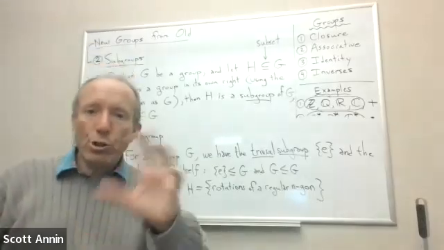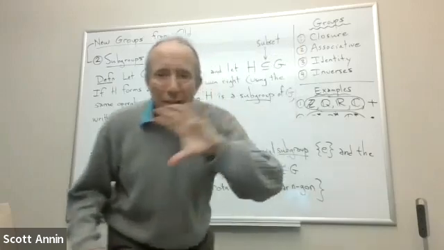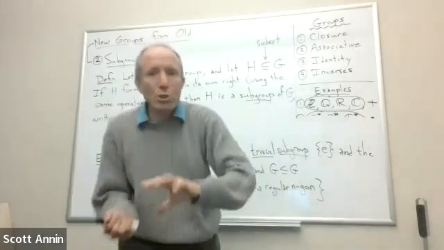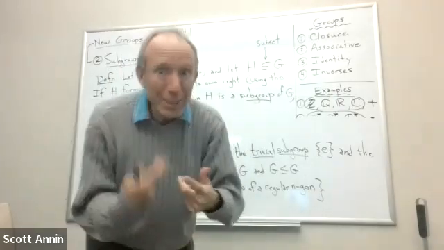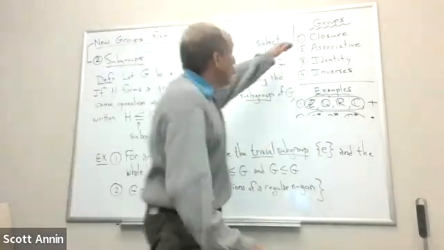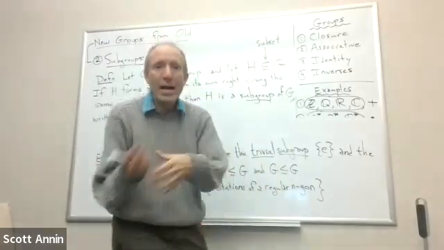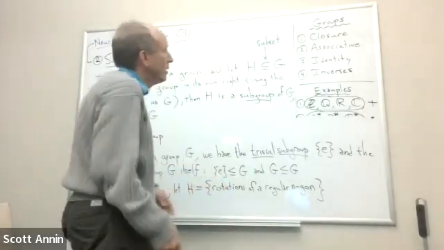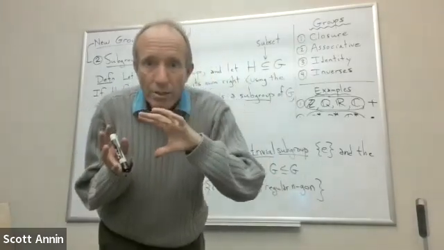Well, if you compose two rotations together, closure, right? If you take a rotation and then you follow it with another rotation, haven't you just created one large rotation? Absolutely, it's closed. It's still associative because you're just composing rotations together. Doesn't matter how you parenthesize that set of rotations. The identity element is just like doing nothing. It's like rotating it 0 degrees.